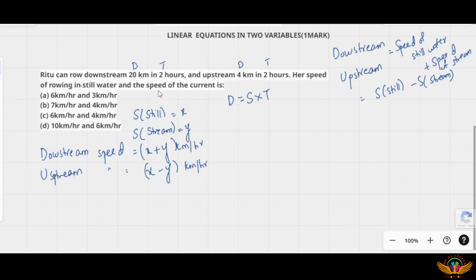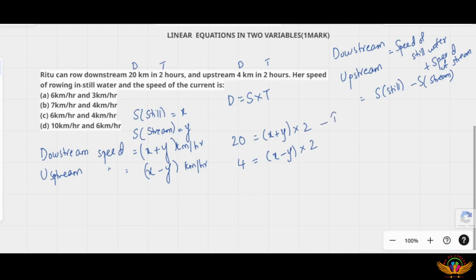So as per the question, the distance is 20 kilometers, which is equal to the speed, x plus y for the downstream, into time, 2 hours. And for upstream the distance is 4, x minus y is the speed, into again time is 2 hours.